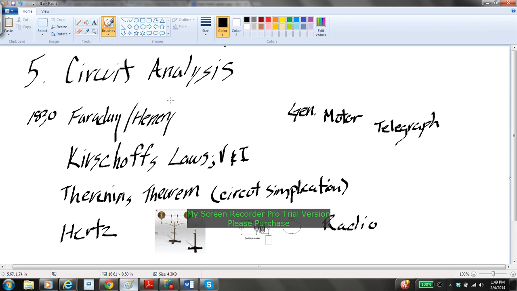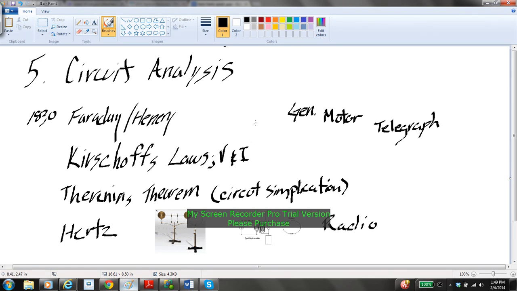We saw previously in magnetism, when you have a current going through a conductor, that magnetic fields develop around it. If you have a changing magnetic field, you'll develop a current. So that was the beginnings. Ohm's law wasn't really quite appreciated yet. And around this time, the generator, the motor, and the telegraph started to spark the idea of circuit analysis.